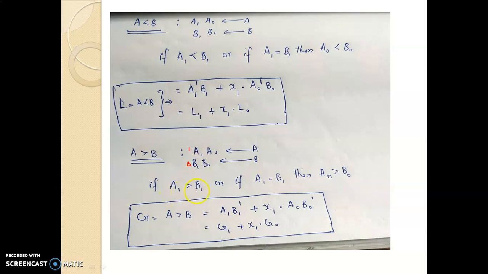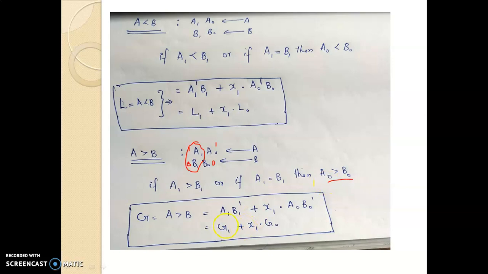Or, if A1 is equal to B1, that is A1 XNOR B1, when these two bits become equal, we have to check whether A0 is 1 and B0 is 0. That is, A0 has to be greater than B0.